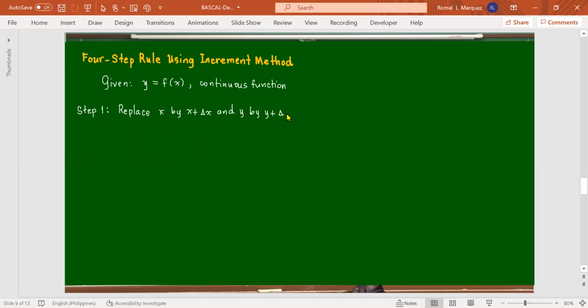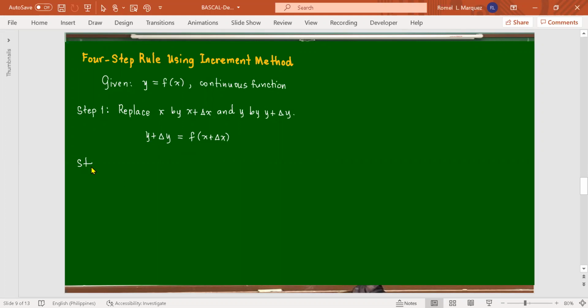Is that clear, guys? So let's do that. We have y plus delta y is equal to f of x plus delta x. So that's the first step.